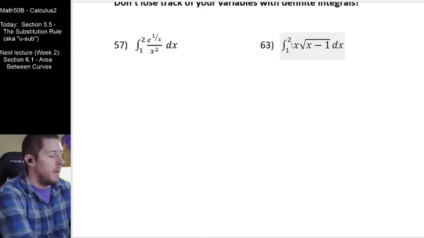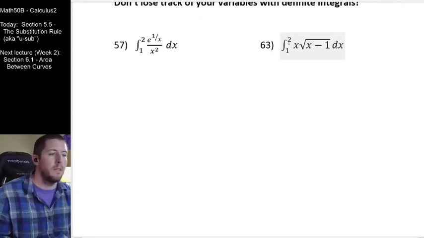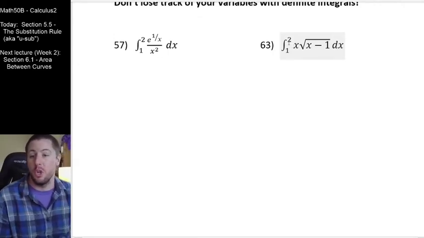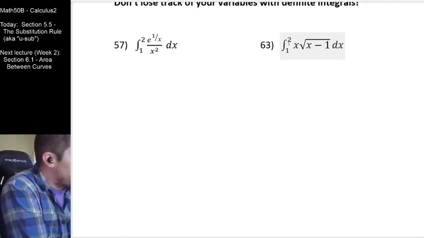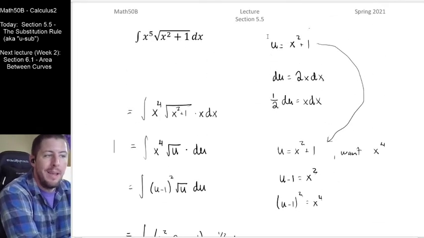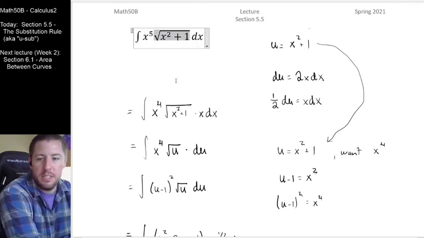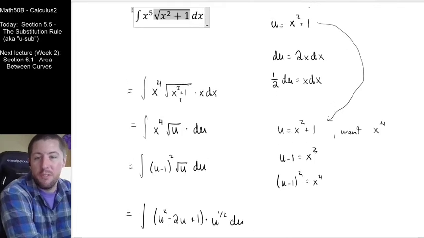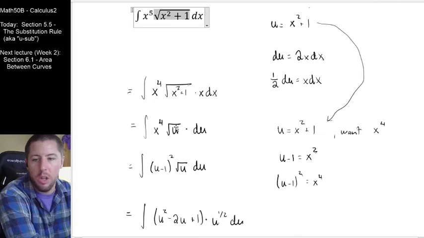So remember, in u sub, we're always hunting for an expression as well as the derivative of that expression. The other lesson that we learned with u sub is that often what we want to do is take difficult composite expressions like the square root of x squared plus 1. Those are things where we have great value in reducing them down to simple expressions where they're no longer composite.